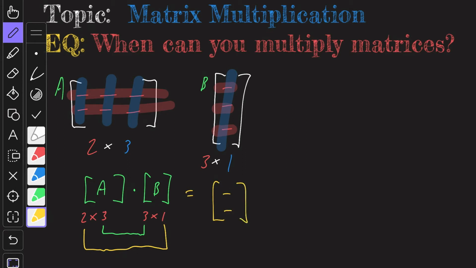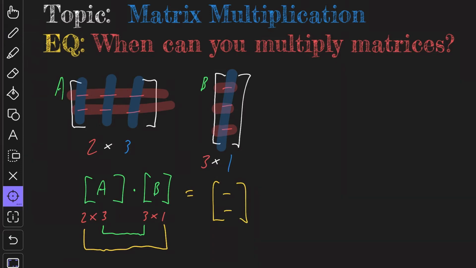So the first thing we check, to see if we can do multiplication of matrices, is: does the number of columns in the first matrix equal the number of rows in the second matrix? And it's interesting. If I flip that around, say, what's B times A? Because we know that in normal math, 3 times 4 is the same thing as 4 times 3, and we can do both of those.